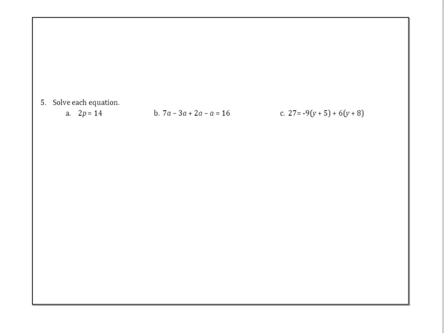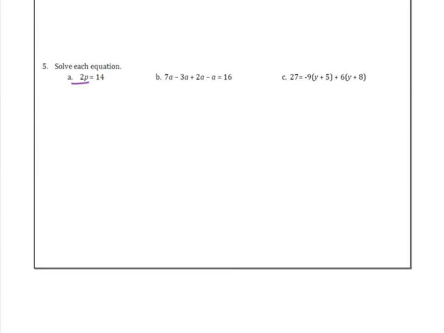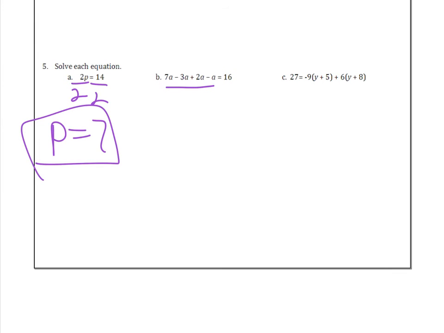So solving each equation, I can solve because there's an equal sign. Just like old school algebra, do the opposite of what's there. So 14 divided by 2 is going to be 7. For B, I've got to put these things together. So 7 minus 3 plus 2 minus A. This is kind of like having a 1A in there.